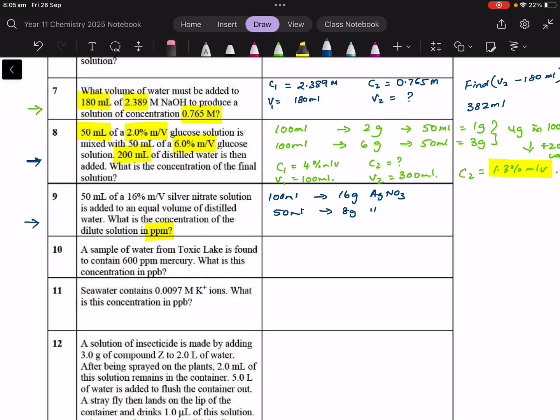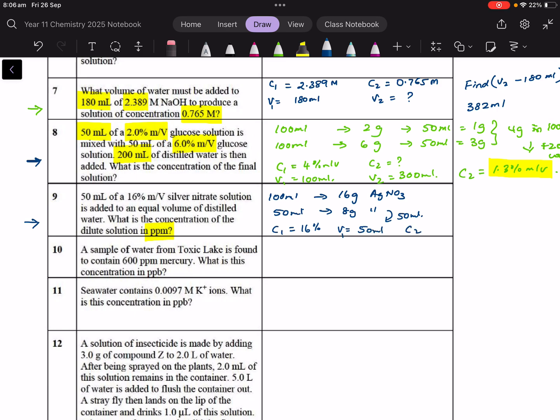Now, if I add another 50 mils of water to it, so I would have C1 is equal to 16%, and volume is equal to 50 mil. V1 is 50 mil.